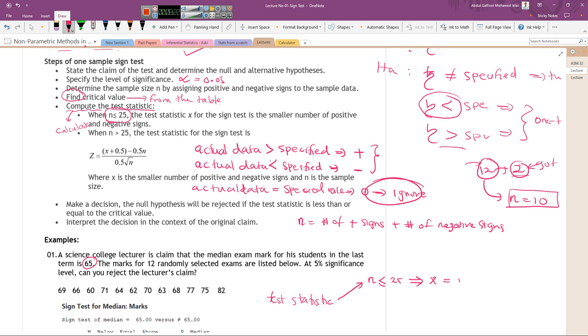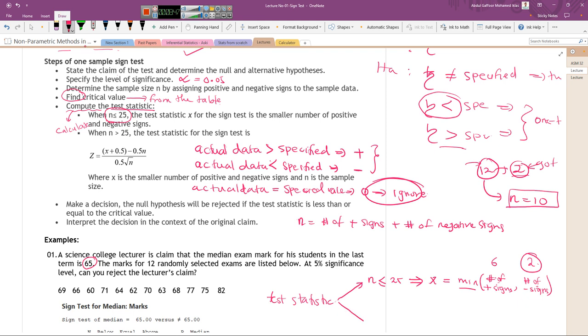Now x is equal to the minimum of the number of positive signs, comma, number of negative signs. For example, if our number of positive signs is 6 and our number of negative signs is 2, x will take the value 2, because that is the minimum of these two values.